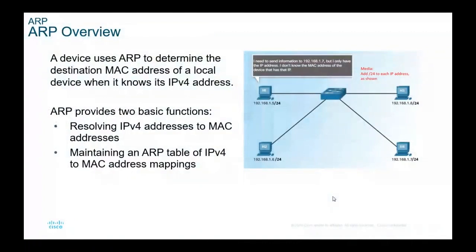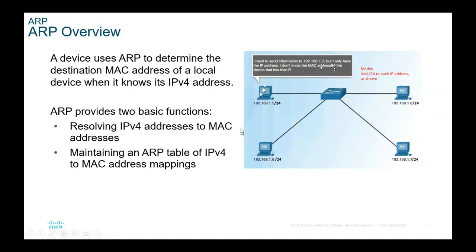ARP, Address Resolution Protocol. ARP, like I said, is used to determine the MAC address from the IP address. So a device uses ARP to determine the destination MAC address of a local device when it knows the IP address. ARP provides two basic functions. It resolves IP addresses to MAC addresses. So I need to send information to 192.168.1.7, but I don't know the MAC address.